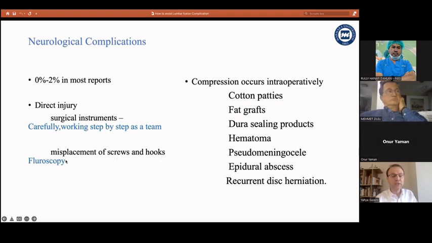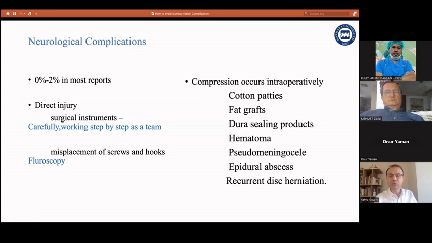So we use fluoroscopy before the operation and at the end of the operation. If we are unsure about the placement of a screw, we again check with fluoroscopy during the operation. And another thing, compression of neural tissue again causes complications.